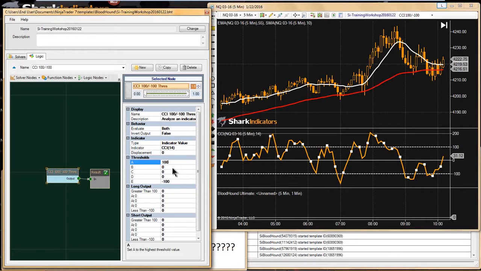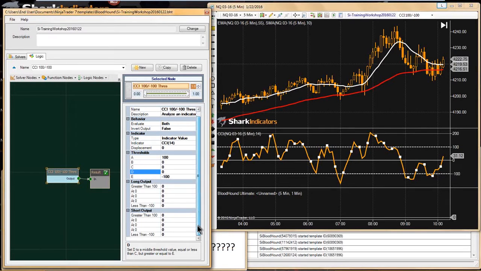The documentation for the threshold solver says the threshold values have to be in descending order, so negative numbers have to be at the bottom. A very common mistake is someone does 100, negative 100, and has zero at the bottom. This will not work because 0 is greater than negative 100, so it's not in descending order anymore. Let's put these in descending order, like so.